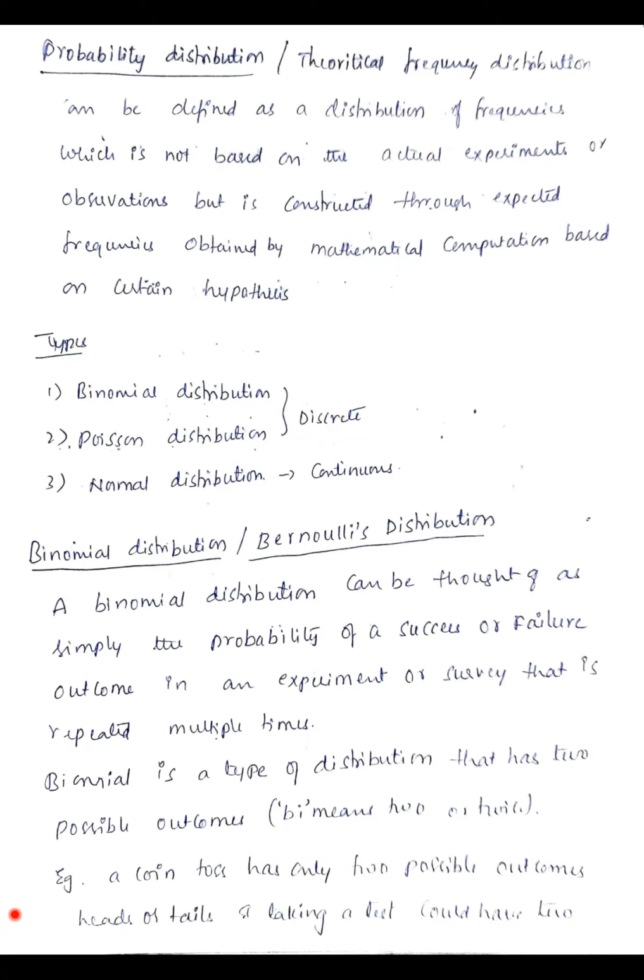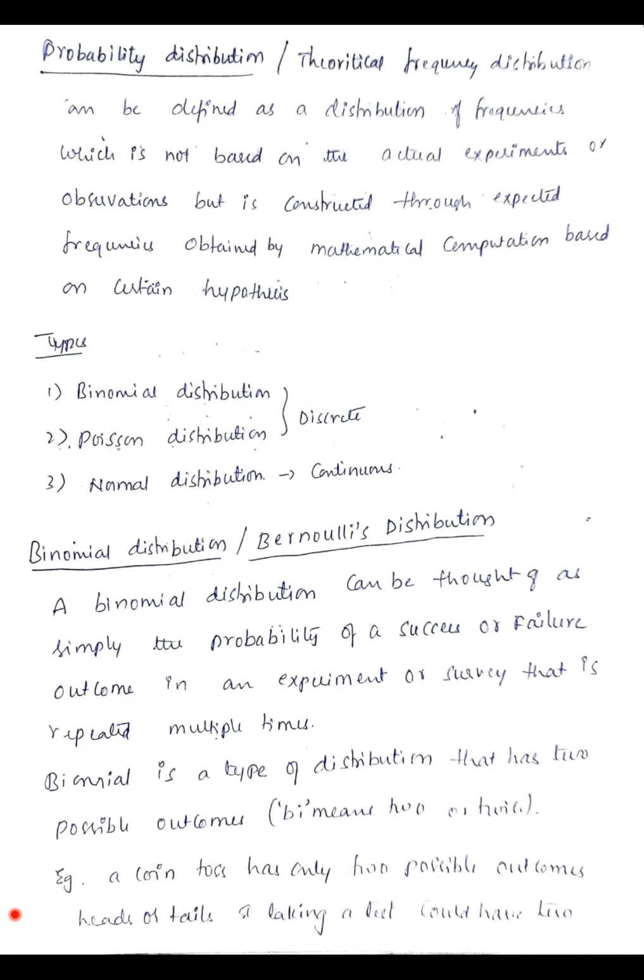Suppose in an experiment, there will be only two possibilities: it may be a success or it may be a failure. A binomial is a type of distribution that has only two possible outcomes; bi means two or twice.